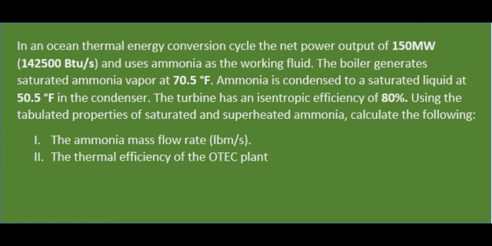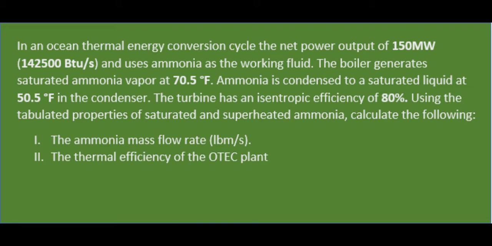So this is the question. In an ocean thermal energy conversion cycle, ammonia is the working fluid and the power output of this system is 150 megawatts, which is also converted into British thermal units, 14,500 British thermal units per second.